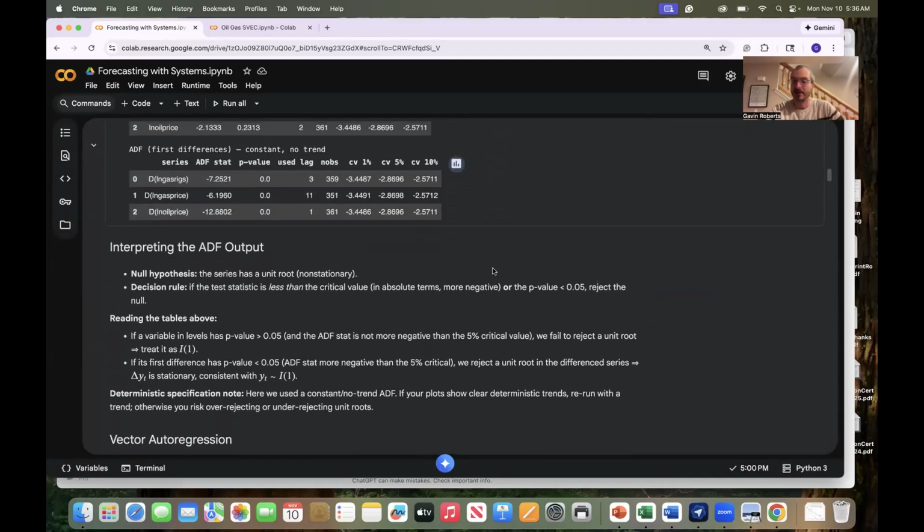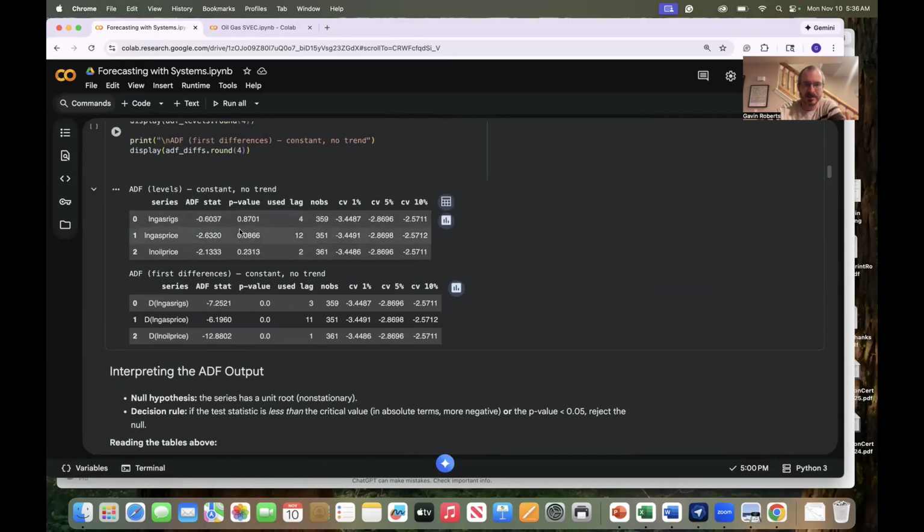We found that none of the variables, the natural log of natural gas prices, the natural log of oil prices, the natural log of gas rigs, which are the number of rigs out in the United States drilling natural gas wells at any given time, were stationary in levels. We saw that with these p-values.